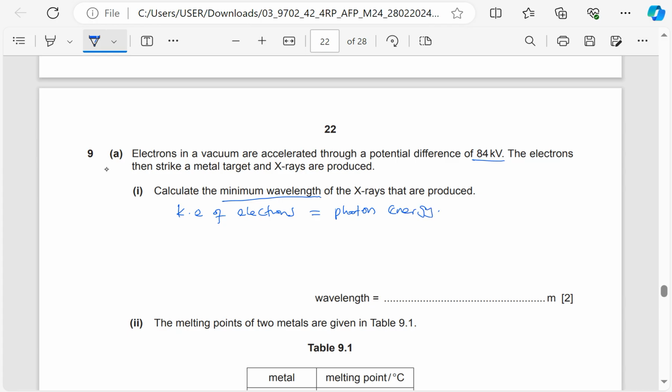The energy of the electrons is given by E, the charge times the accelerating PD, and the photon energy is equal to hf, which is hc over wavelength.